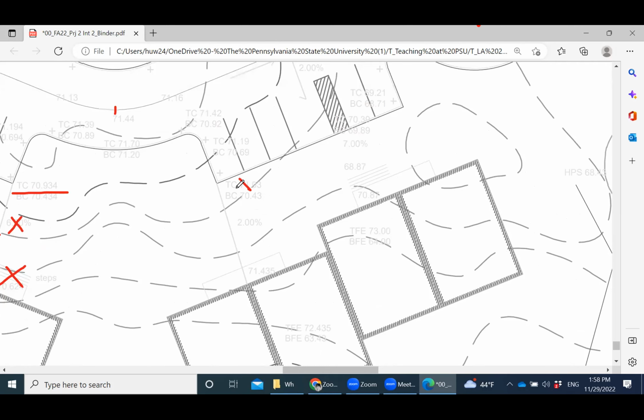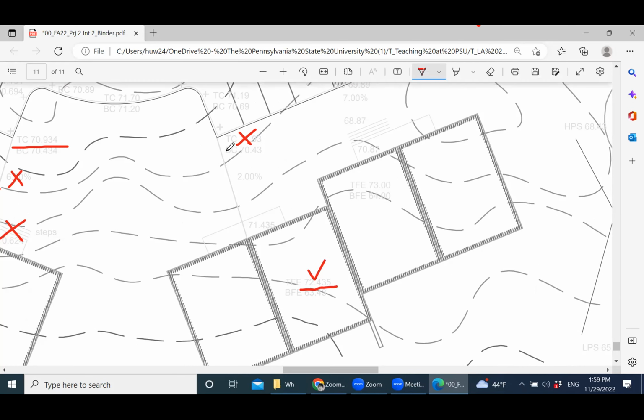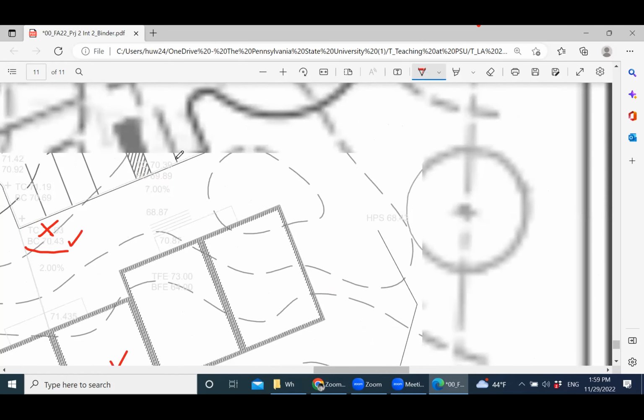Yeah, the TC here would not be correct. If it's 70.93, that could be possible, because you have about 30 feet over here. You're raising about 1.5. Yeah, that could be possible, but the TC is not. BC could be correct. And then for this portion, for this last house, it's very slow.